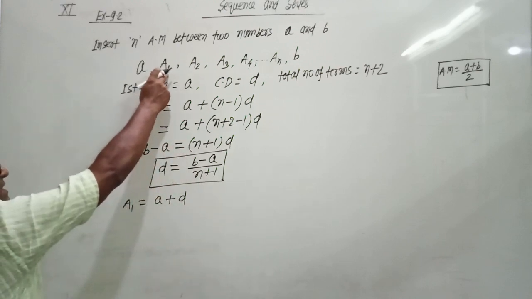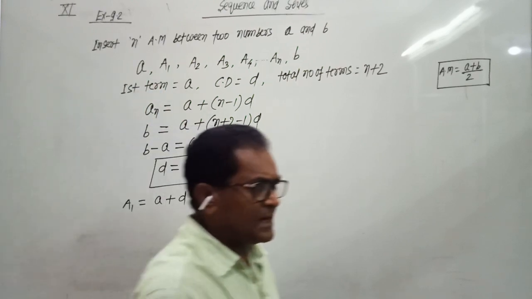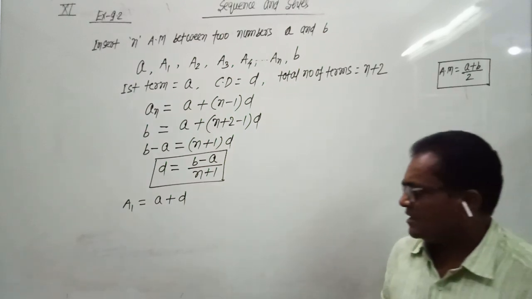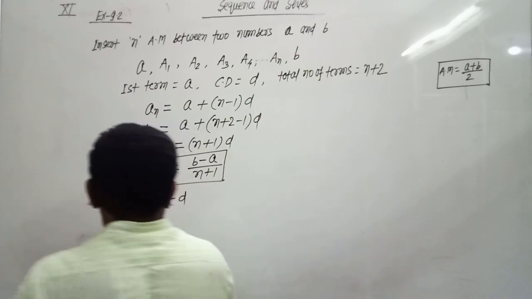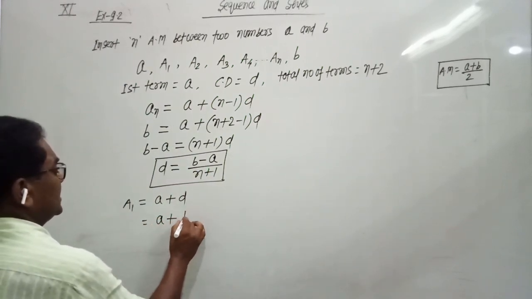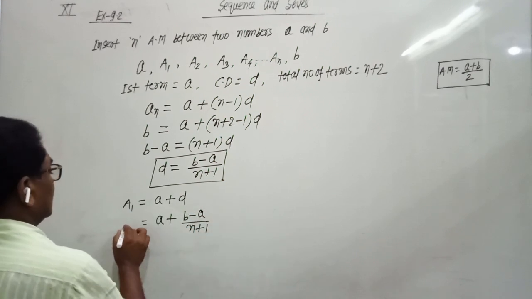So this is the second term, and the second term is calculated by A plus (2 minus 1)D, meaning A plus D. Put the value of D: A as it is, and D is (B minus A) upon (n plus 1).